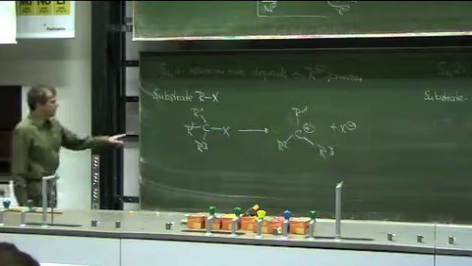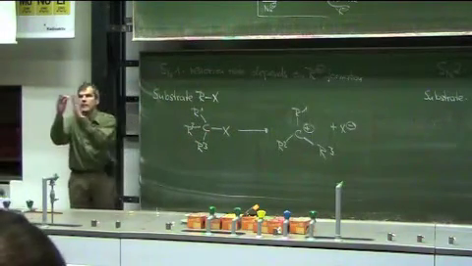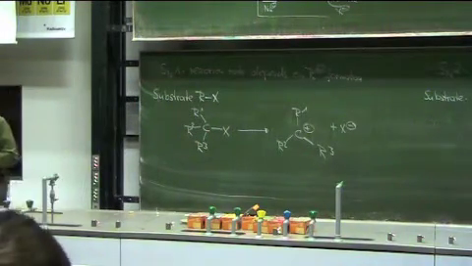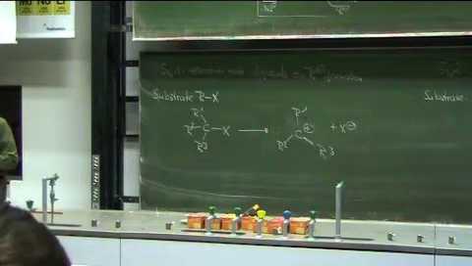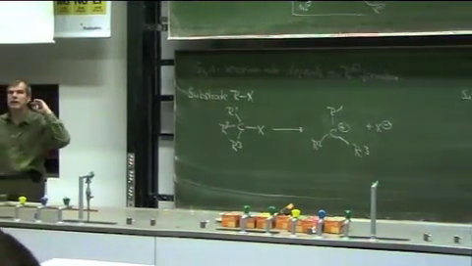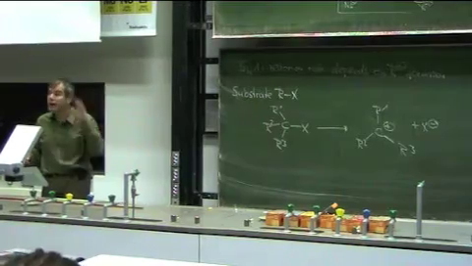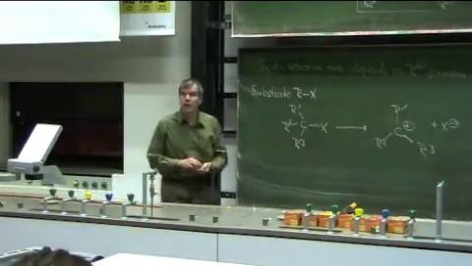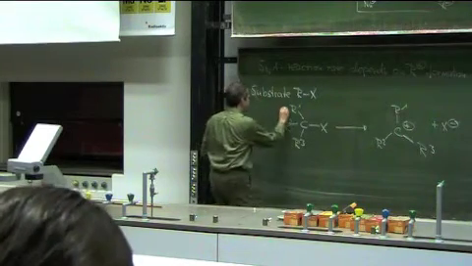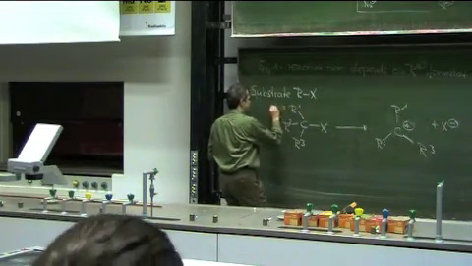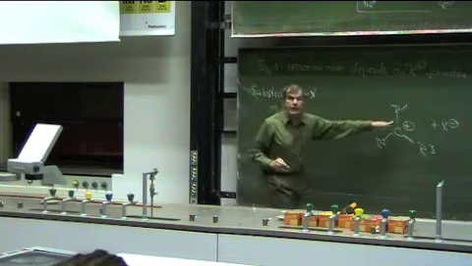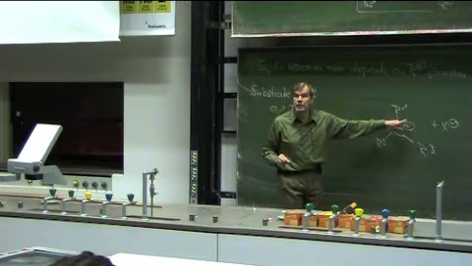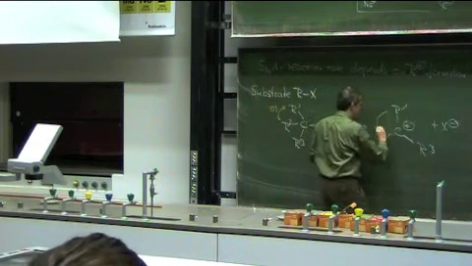What's the angle on a tetrahedral carbon? How many degrees? In a tetrahedral carbon, it's 109. Exactly. And here it is 120.